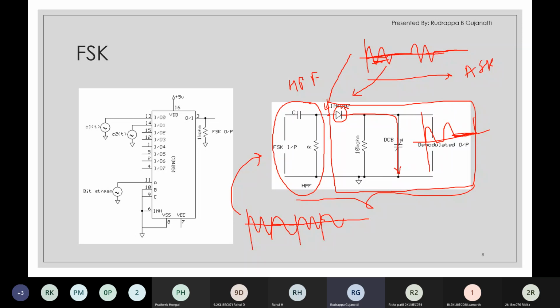Again, during the next positive half cycle it gets charged and this continues. If you observe, I try to measure the energy content present in this time period. If it is high, we consider it as logic 1. If it is low, we consider it as logic 0.